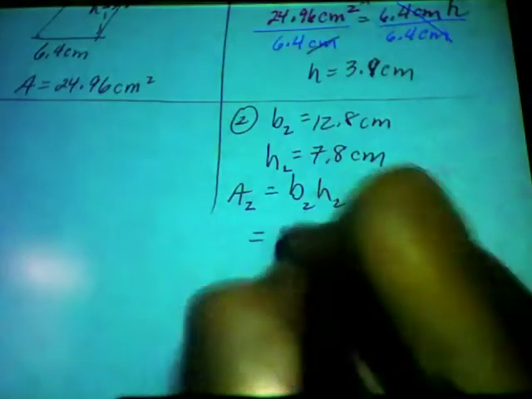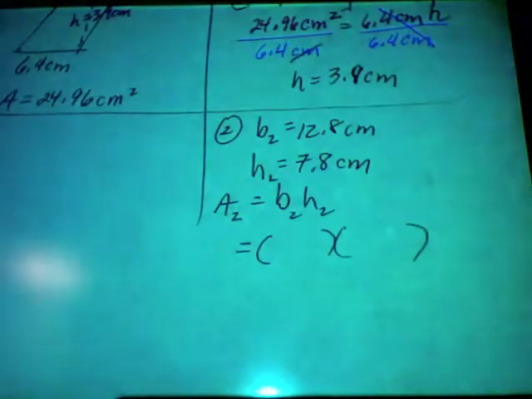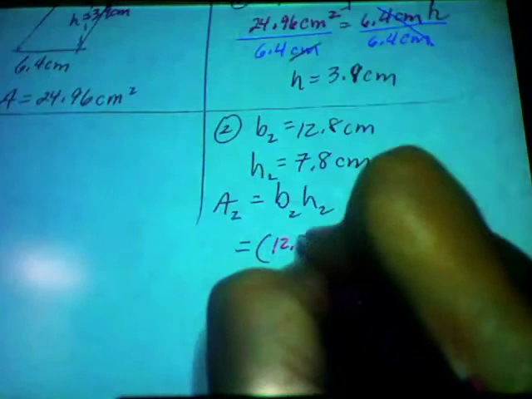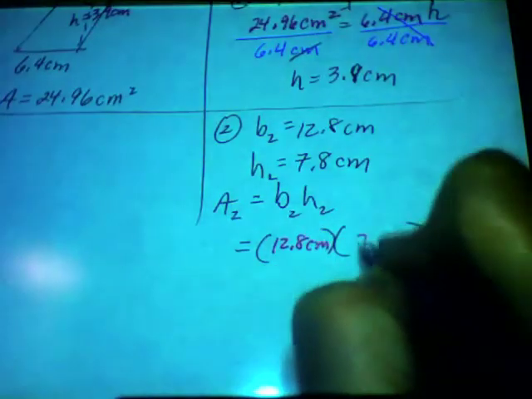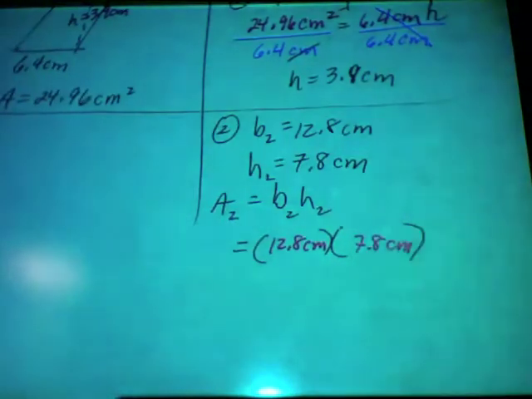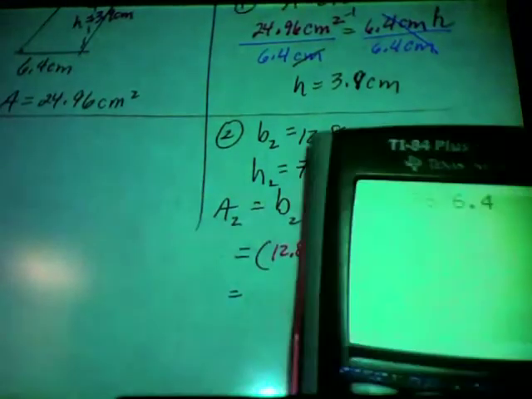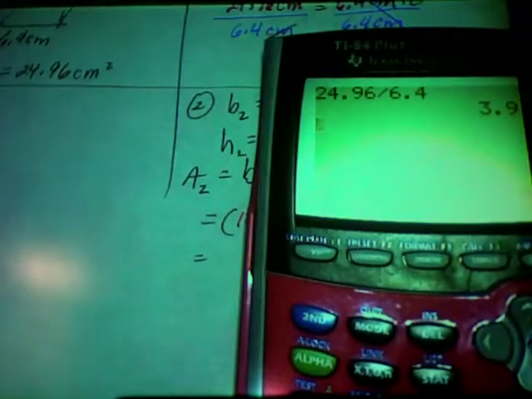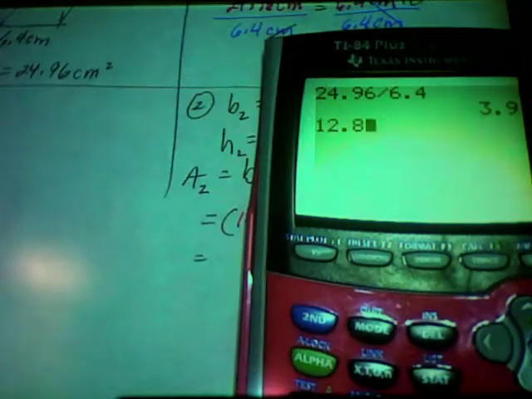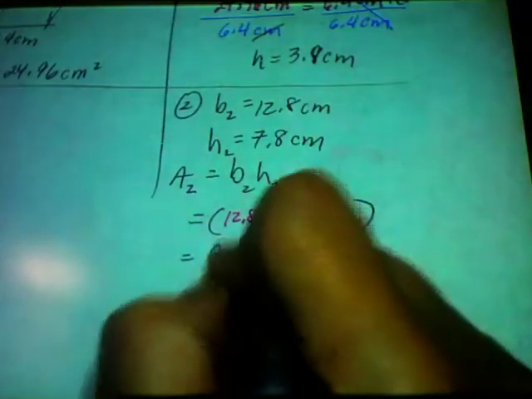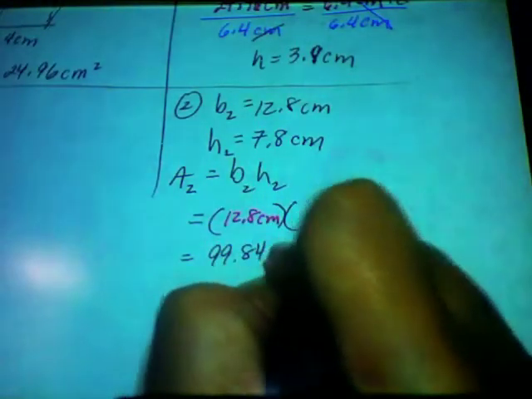So plug in. I've got 12.8 centimeters and 7.8 centimeters. And I get 99.84, and it's centimeters squared.